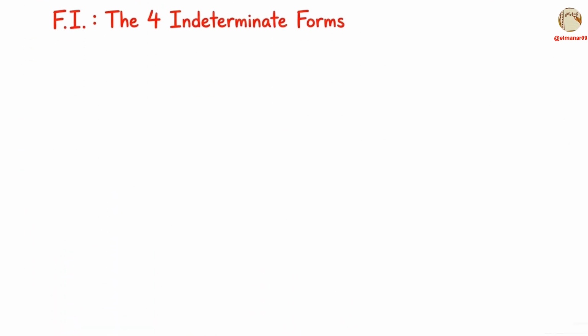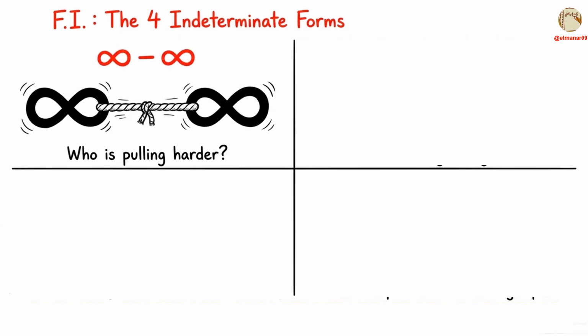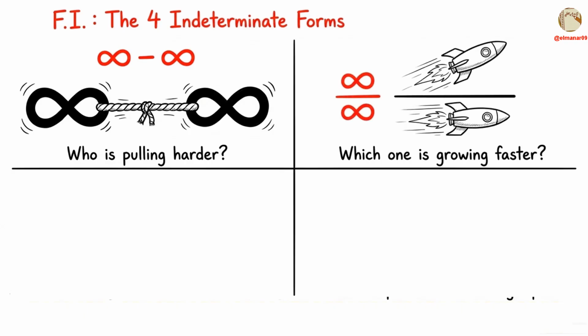Welcome to the indeterminate forms. These are the 4 mathematical battles where we can't tell the result just by looking. First, infinity minus infinity. It's a tug of war between 2 giants. Who is pulling harder? Second, infinity divided by infinity. A race between 2 rockets. Which one grows faster?